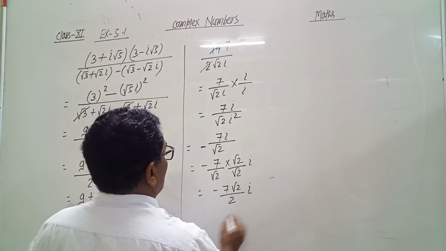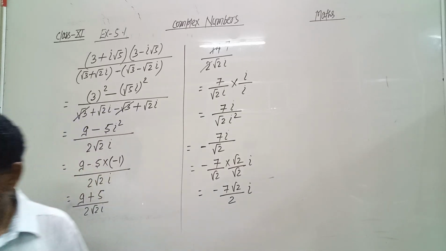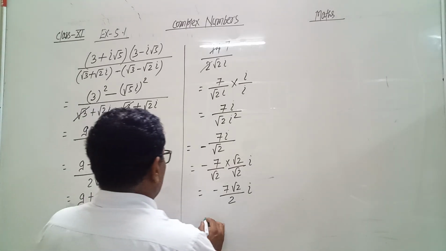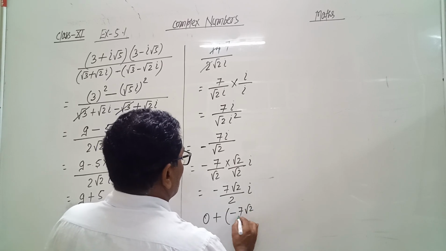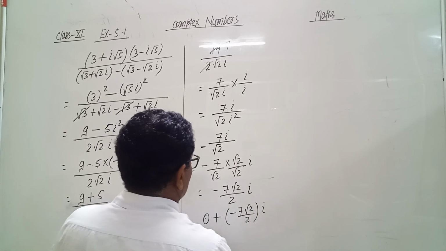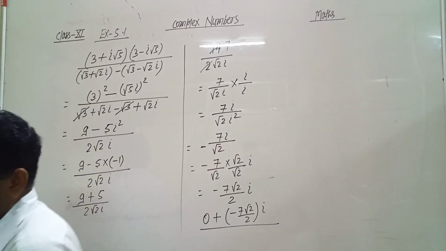To express in the form a plus iota b, we write 0 plus minus 7 root 2 by 2 into iota. So this is the form a plus iota b.